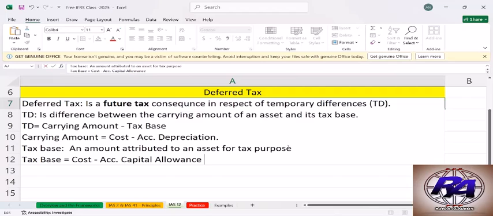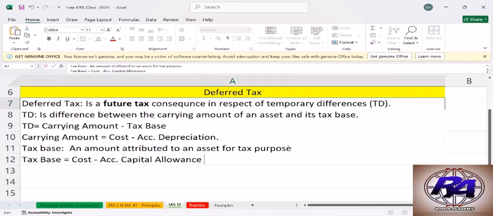But mind you, to determine your carrying amount, it's your cost of the asset minus your accumulated depreciation. Accumulated simply means when we add more than one year of depreciation or capital allowance. It doesn't mean anything strange. It's the summation of yearly depreciation or capital allowances that makes it accumulated.